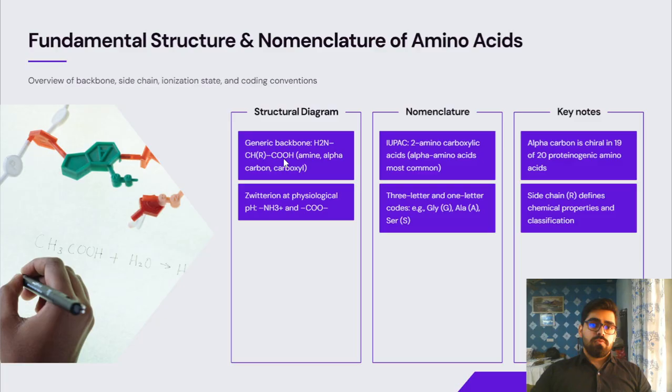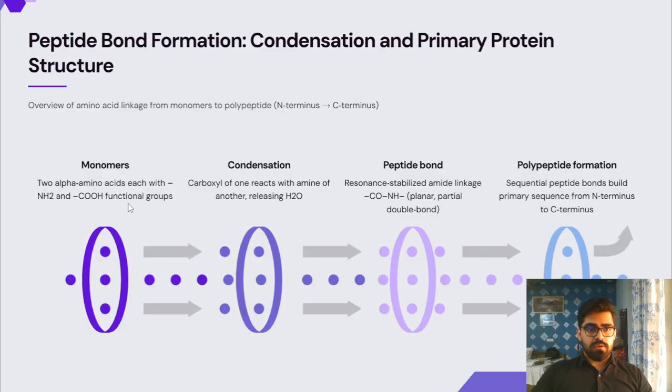So next topic is peptide bond formation, condensation and primary protein structure. What is a monomer? Well, you can see 2 alpha amino acids each with NH2 and COOH functional group. When they go through condensation, the carboxyl of one reacts with the amine of another, meaning the C terminus reacting with the N terminus.